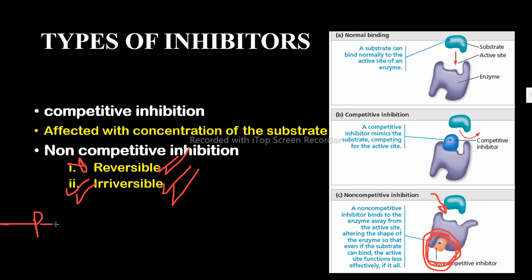When you take a poison, these poisons are usually non-competitive inhibitors, they are heavy metals. Okay? So the poisons that you take, maybe you are giving a rat and you accidentally take it, maybe you are tired of living and you take some poison, all those are inhibitors.